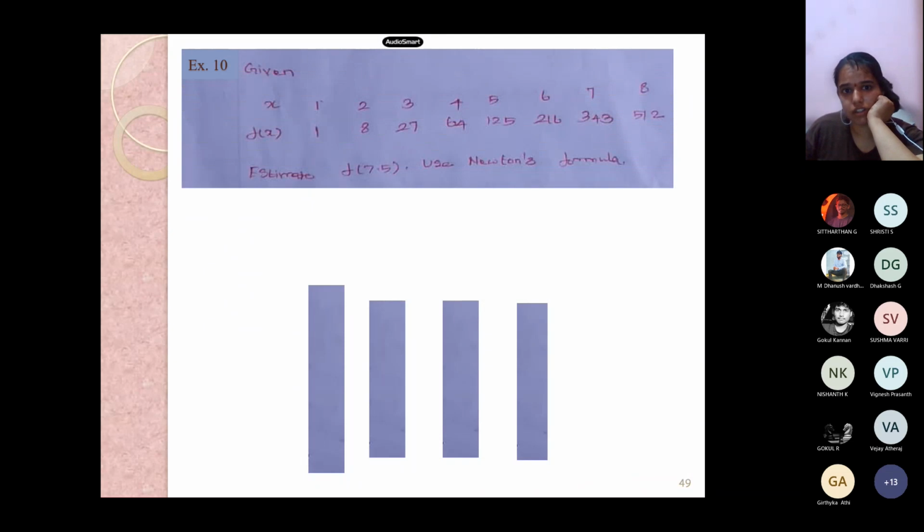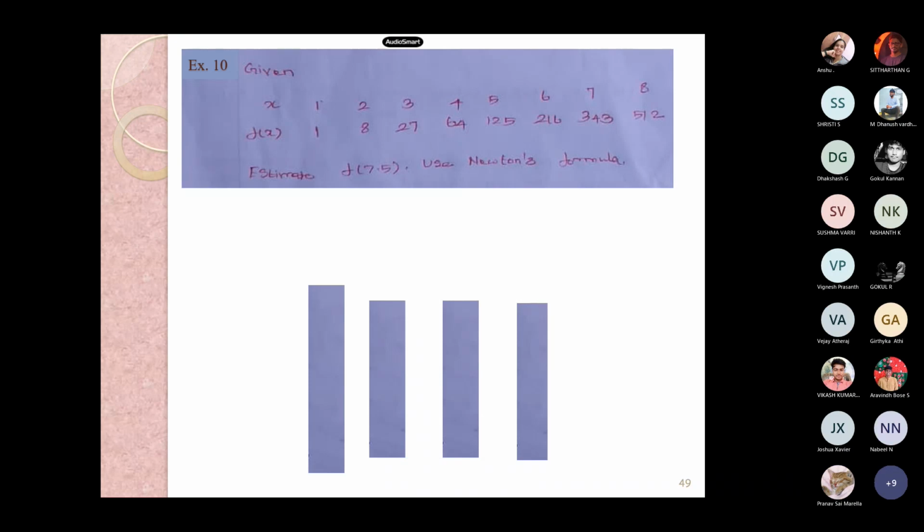This is exercise number 10. Given x and f of x, we need to find the value of f of 7.5 using Newton's formula. For 1, f of x is 1, for 2 f of x is 8, and so on. For 8 the f of x is 512.